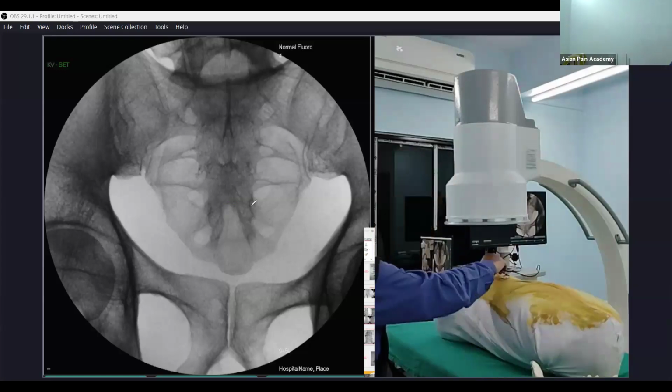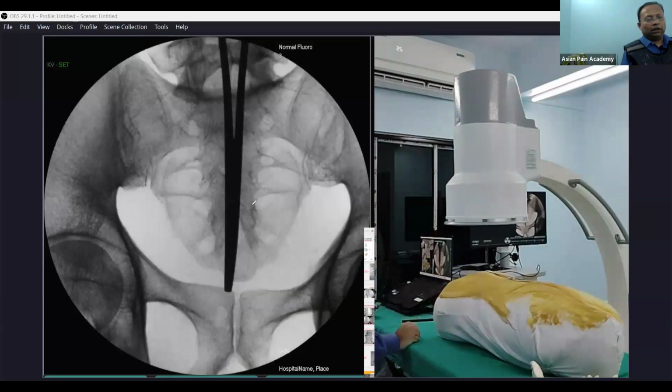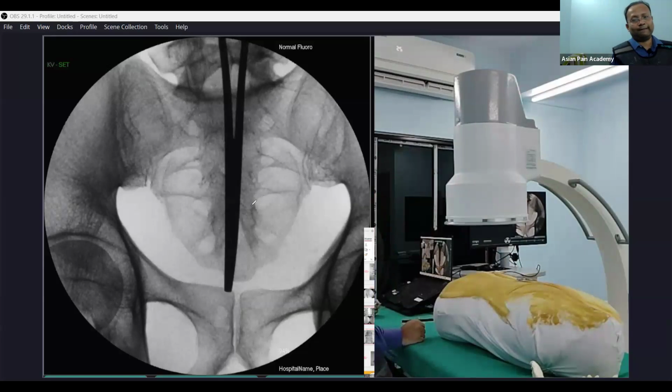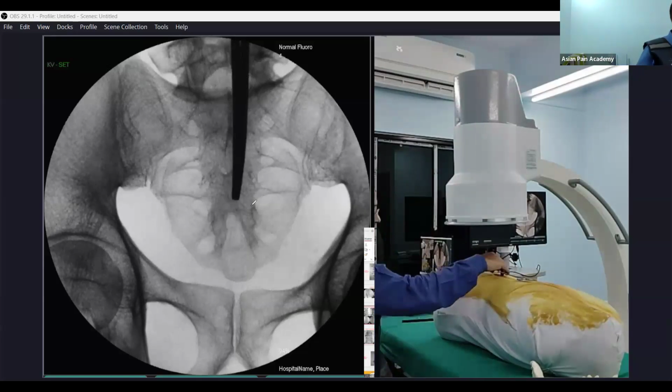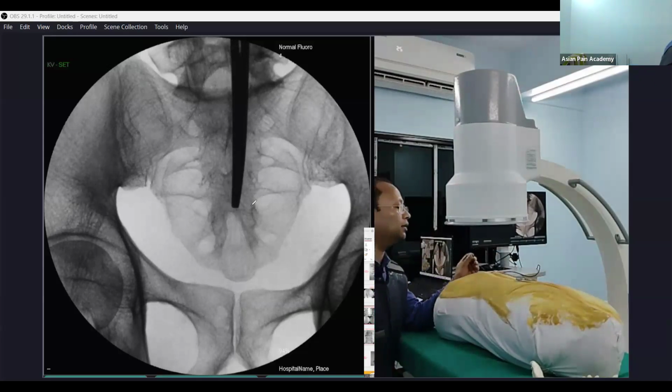First we will see where is the tip. More or less this is the tip, and I want to go 2 to 3 centimeter below.